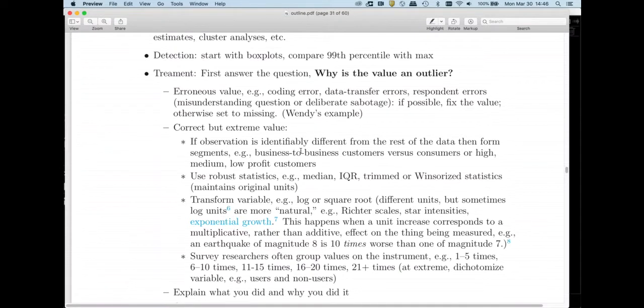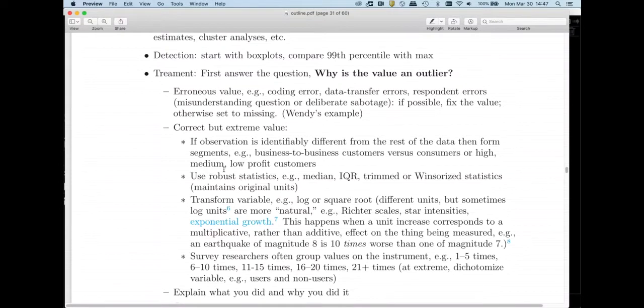But if you think about it, the businesses are really just a different segment of customers. They probably have very different needs. And so what you could do is separate the business customers from the consumer customers, and then the business values are no longer outliers, because among the businesses, all the values tend to be large.